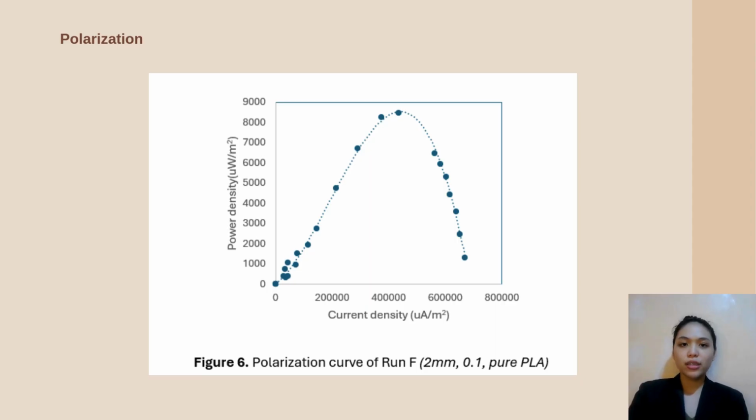According to the results, the superior performance of the separator in run D, with 3 mm thickness, 0.1 resolution, and a composition of 30% PVA and 70% PLA, is attributed to the inclusion of polyvinyl alcohol, whose hydrophilic nature enhances ionic conductivity, a key factor for efficient ion transport in microbial fuel cells. This separator achieved the highest maximum power output due to its ability to reduce resistance and optimize electrochemical processes.